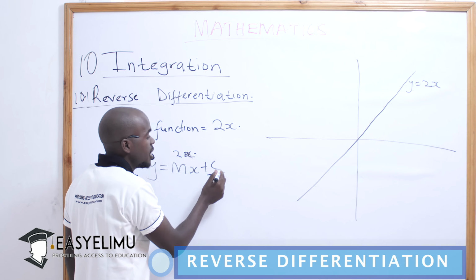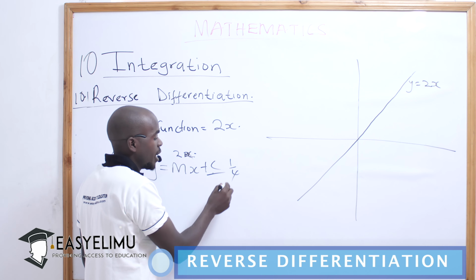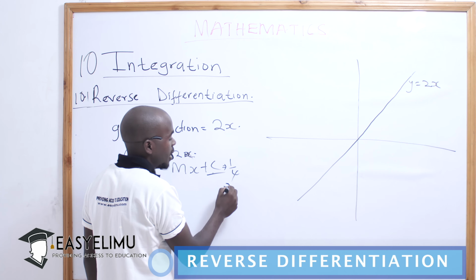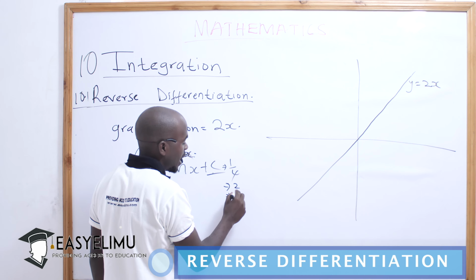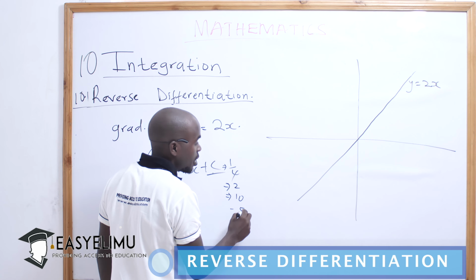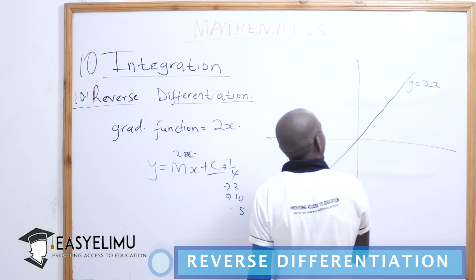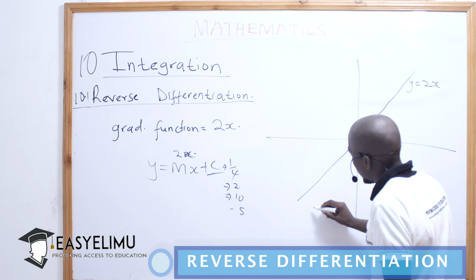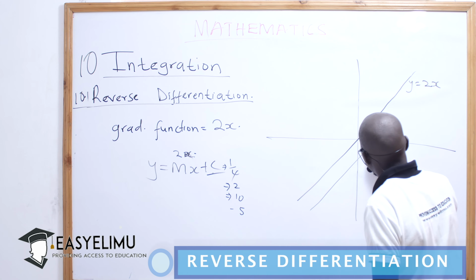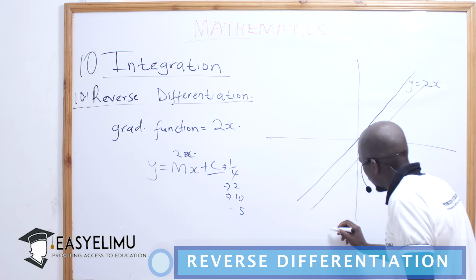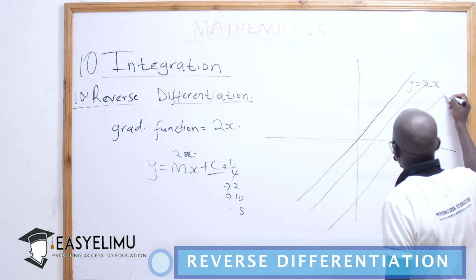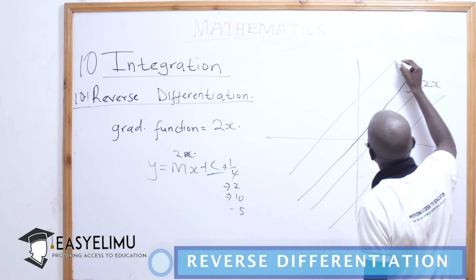We can have c as a quarter, as 2, as 10, as -5. Having different values, they will give rise to different graphs passing through the same plane, but they are parallel to each other.